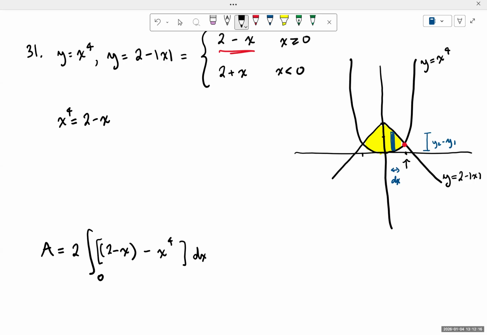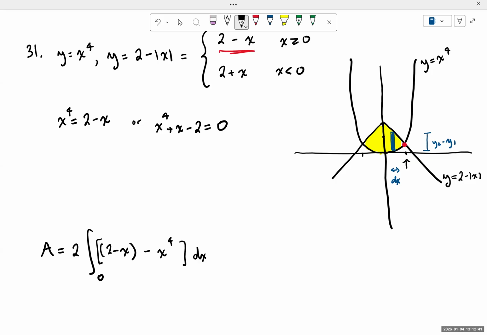All right, now this isn't great, right? Who chose this problem? If it was an x squared, I would be able to use the quadratic formula or factor. With an x to the 4, I really can't do anything. So what do I do?